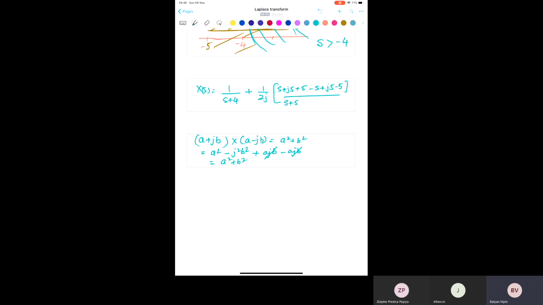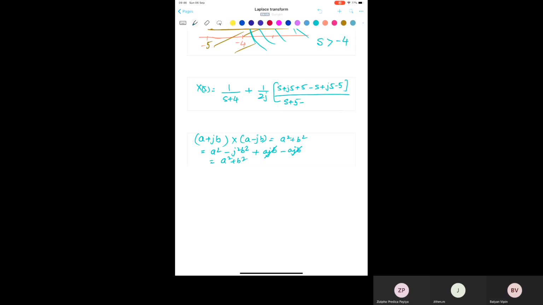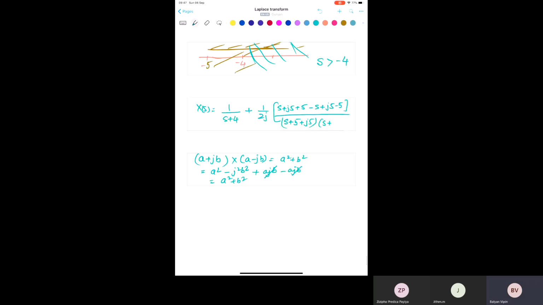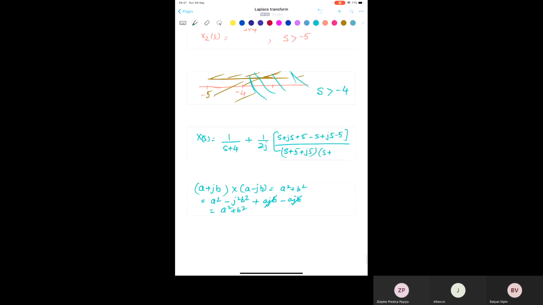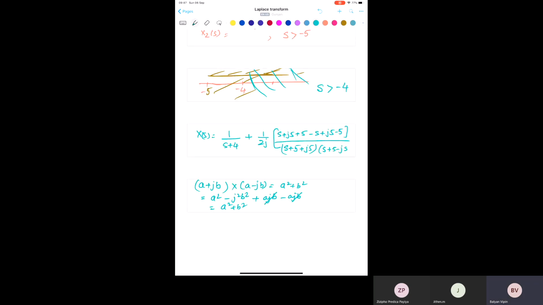In a similar way, we have something like that here. It is (s plus 5) and (s plus 5 plus j5). You can say this is my a, this is my a, and this is my b, and this is my b.